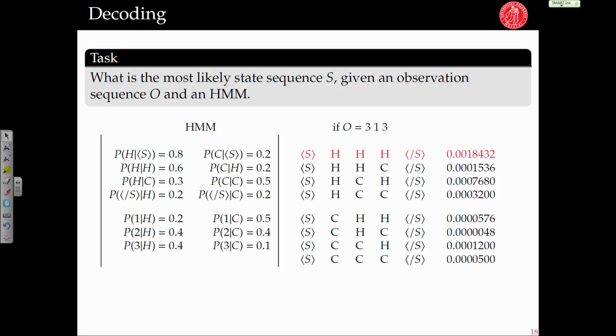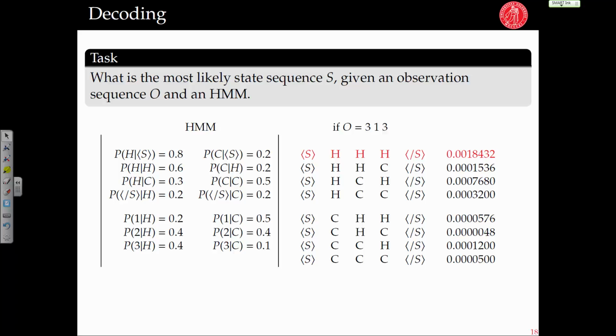But what's the problem with this approach? Yeah, exactly, it has exponential complexity. Here we have a toy example that's far from reality.